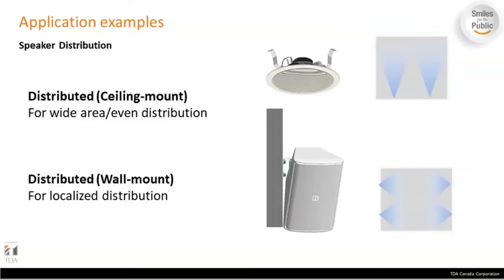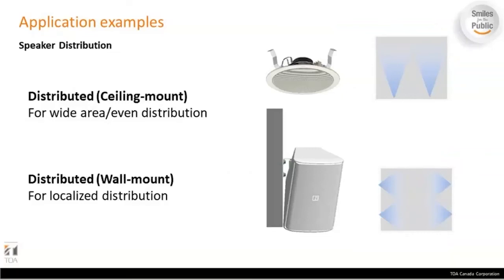Now, application examples, right? If we have a tiled ceiling, we can distribute the audio with ceiling mount speakers, right? So you suspend them, so the speaker right above your head is going to disperse the sound above you. So we have speakers placed in the hallways, in the corridors, in restrooms, and all of those.